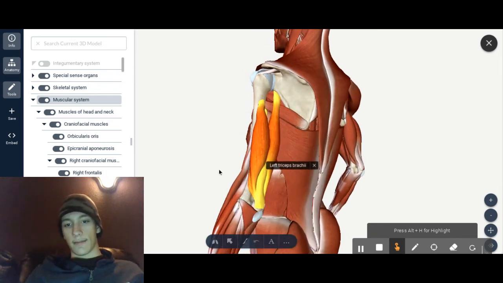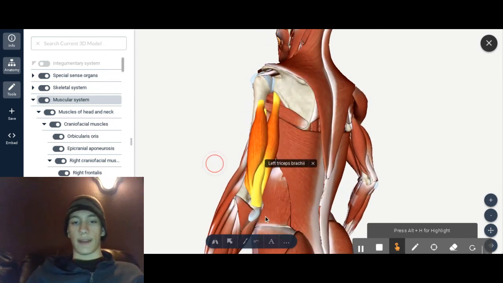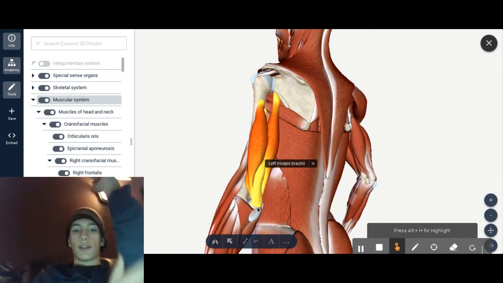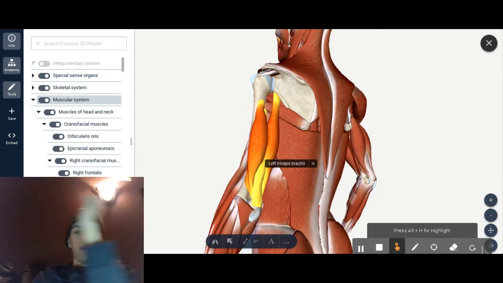That's this bump right here on your karate chop bone. You can feel it if you dig around under your skin. There you'll find it. That's your triceps insertion point.